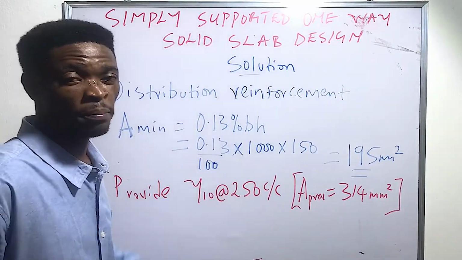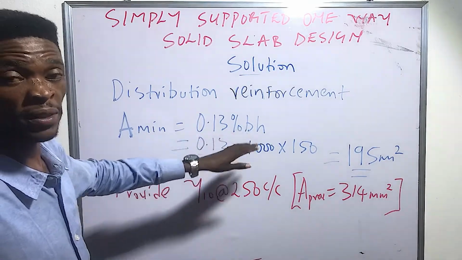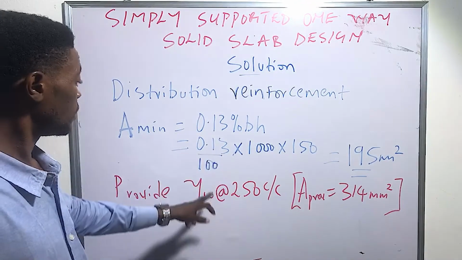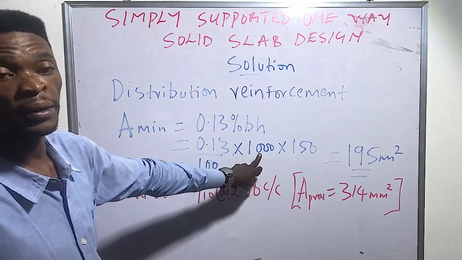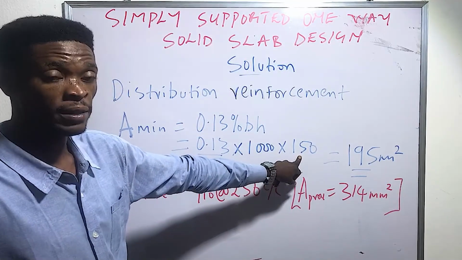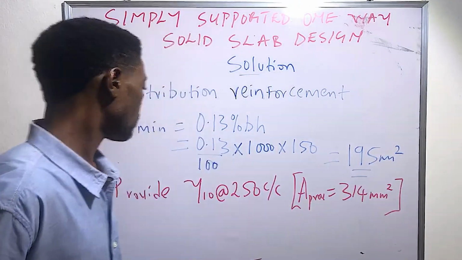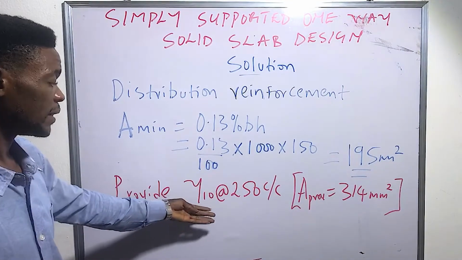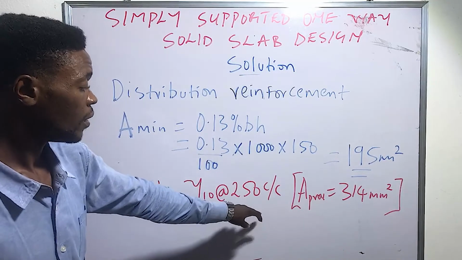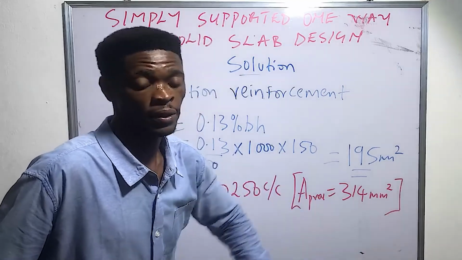So to get your distribution bar, which is 0.13 divided by 100 multiplied by 1000 mm multiplied by your overall height, everything in millimeter, that gives us 195 millimeter square. Then from your table, we provide Y10 at 250 center to center. Area we provided from our table becomes 314 millimeter square.